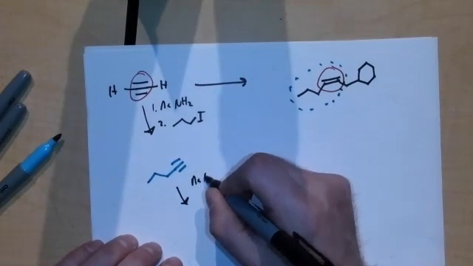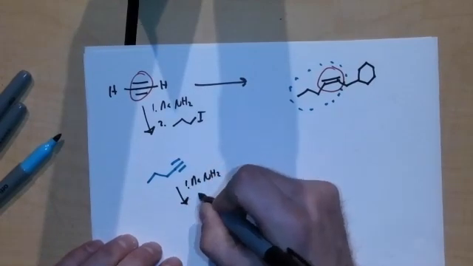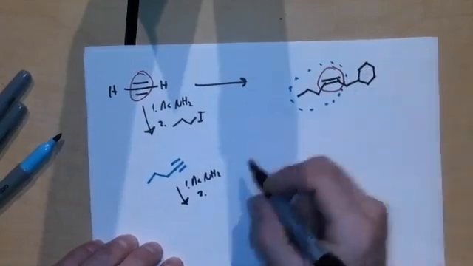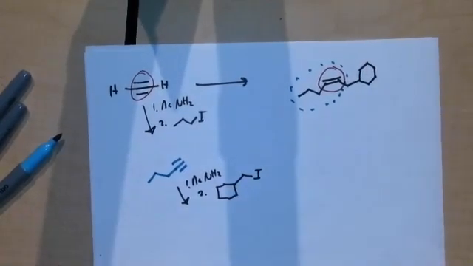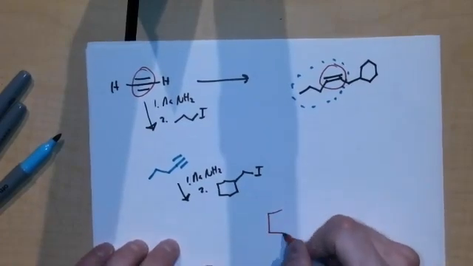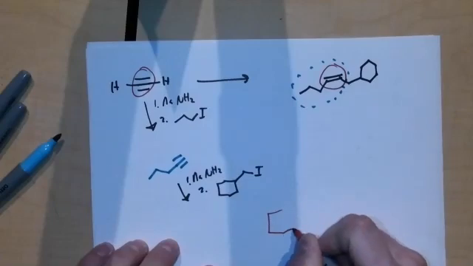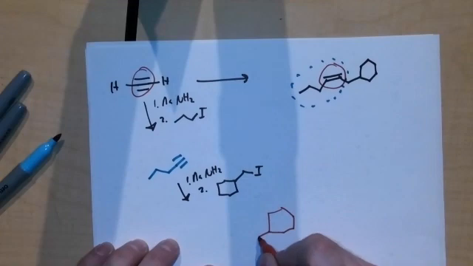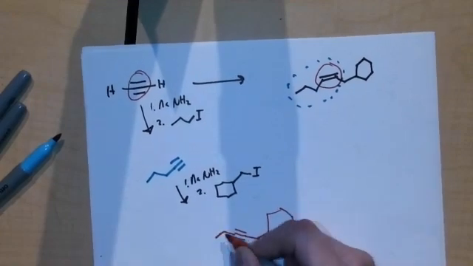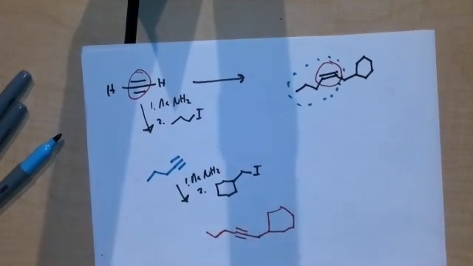NaNH2 again. Got a 6-membered ring and a carbon and a leaving group. This way. This gives us the full carbon skeleton of our final product.